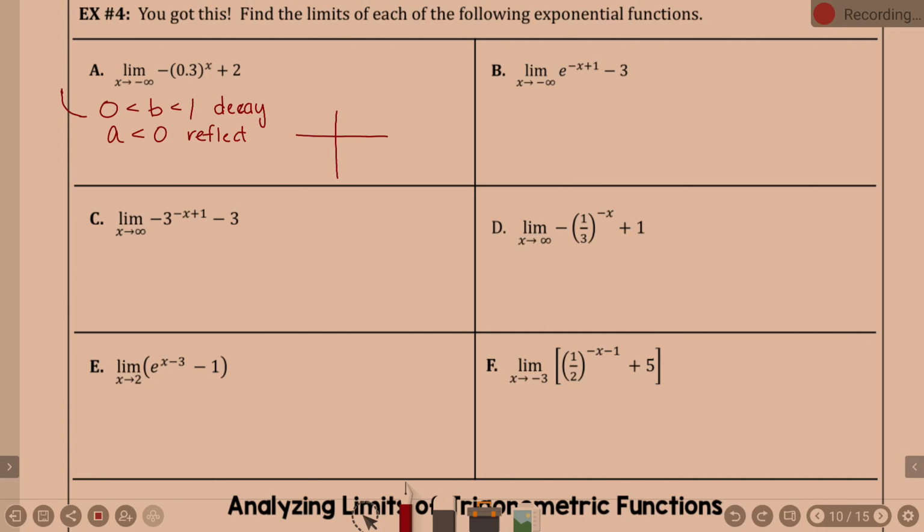And what's the other piece of this? The graph moved up 2. Good enough. I kind of hit the asymptote, but something like that, right?